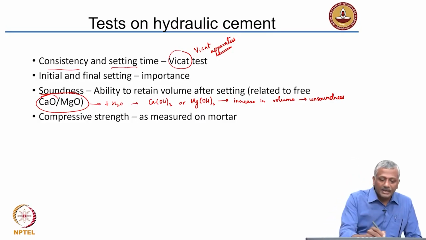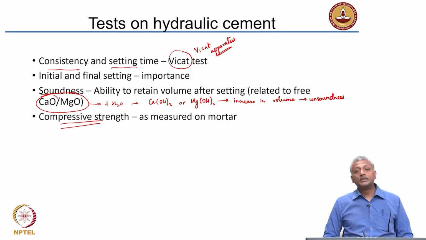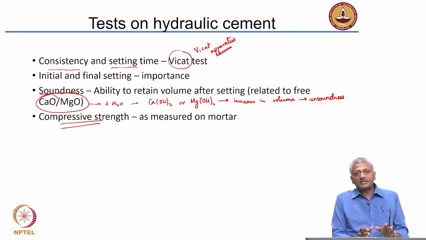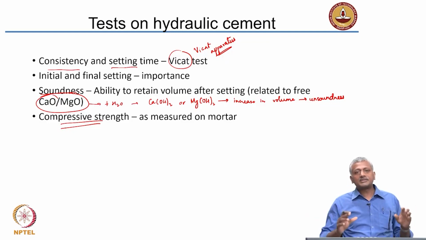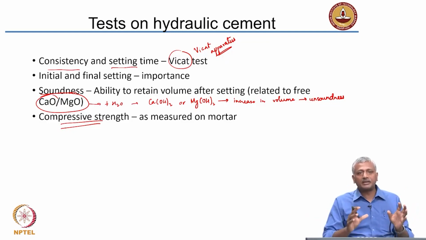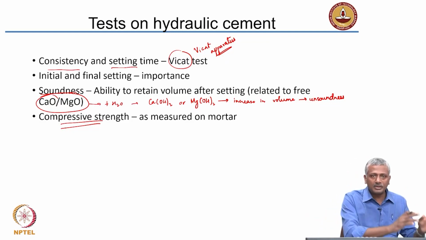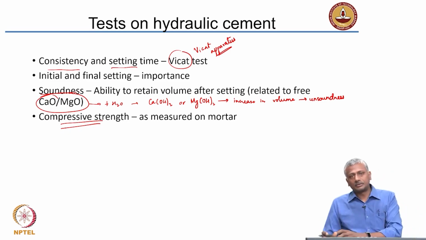Okay. Then you have to measure also the strength of the cement. Okay, in real life design, when engineers are working on site with concrete, they will only be worried about the strength of the concrete. That means the strength that they get from the composite material, that is inclusive of water, cement, sand and stone.